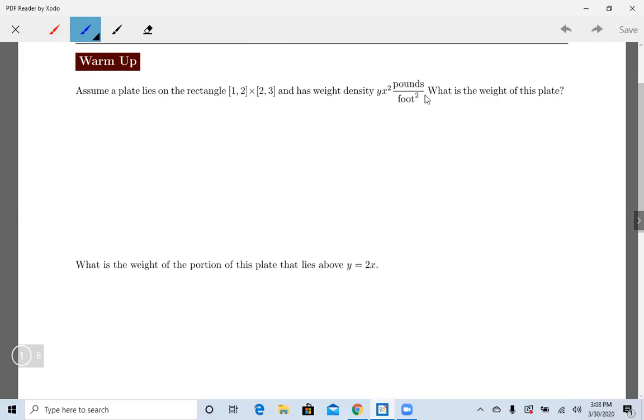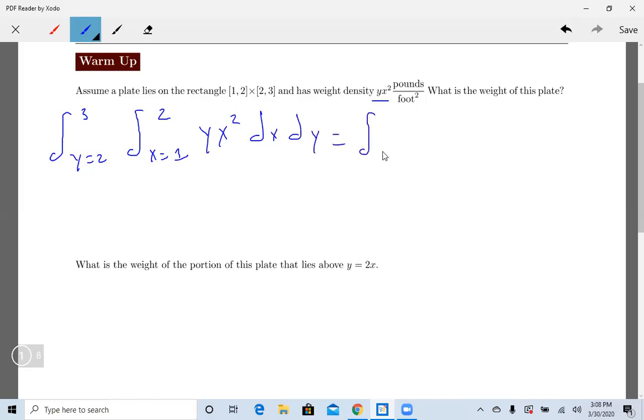Well, remember the weight is just going to be the integral of the density function over the region. So this will be y goes from 2 to 3, x goes from 1 to 2, yx squared dx dy. Remember we do the inside integral first.